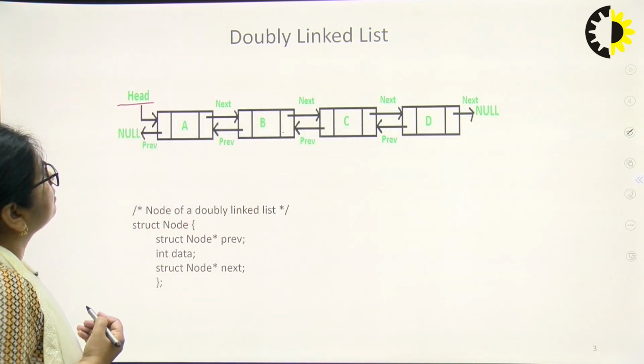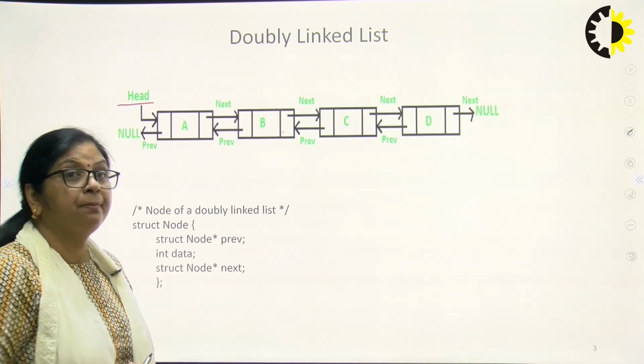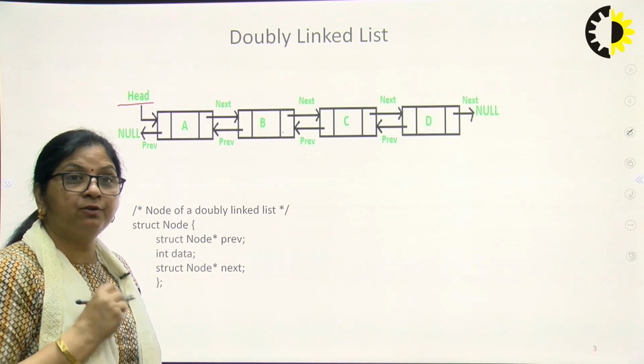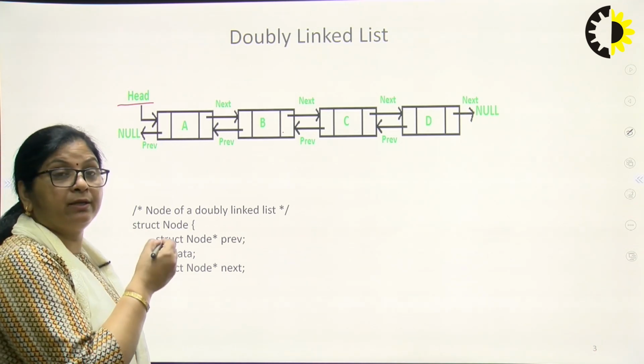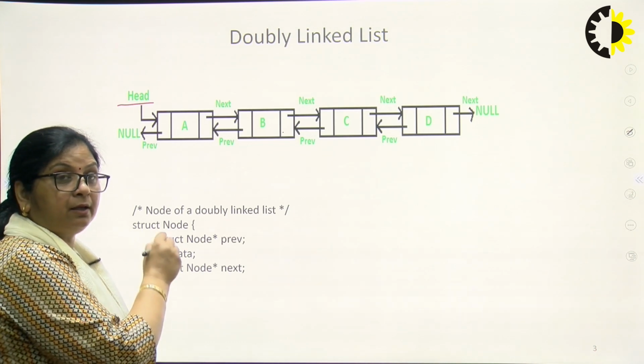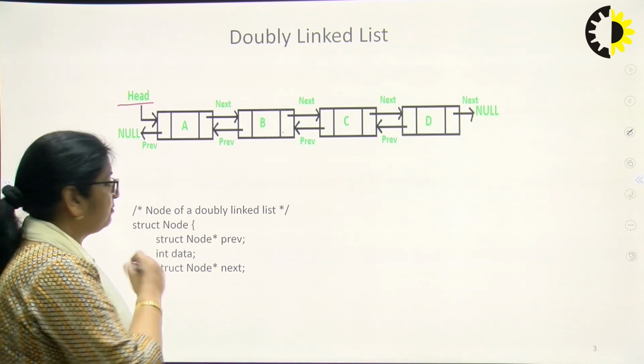Now let us talk about doubly linked list, which is our topic today. In doubly linked list, we store the data in terms of nodes only. What is the structure of the node?